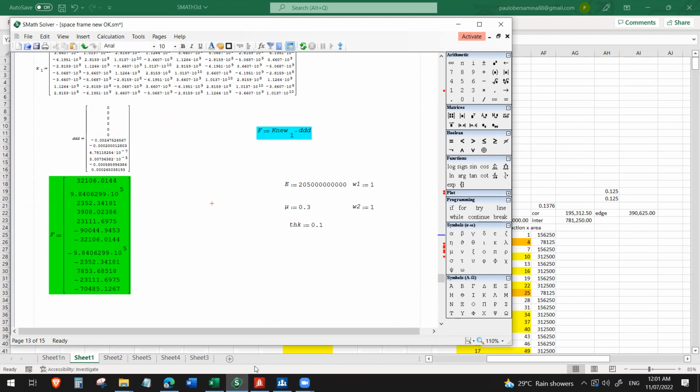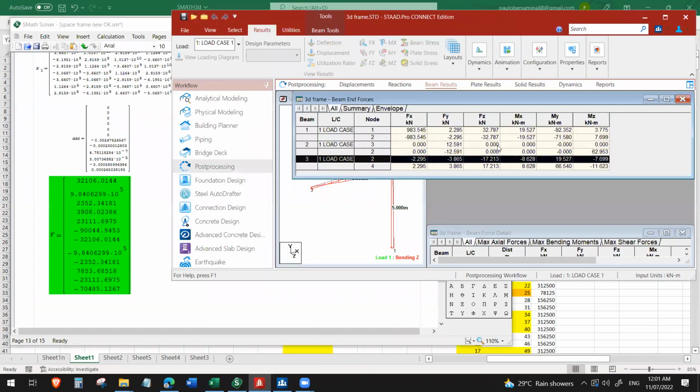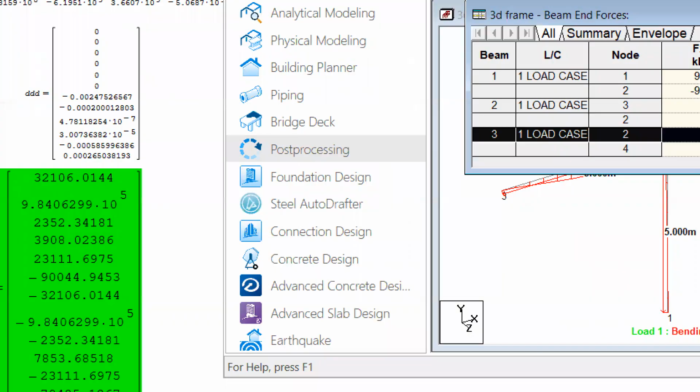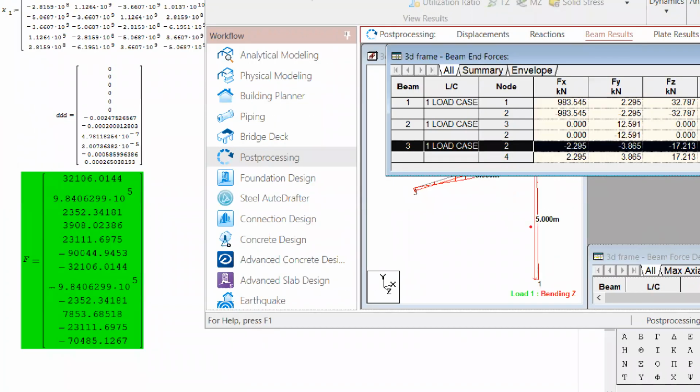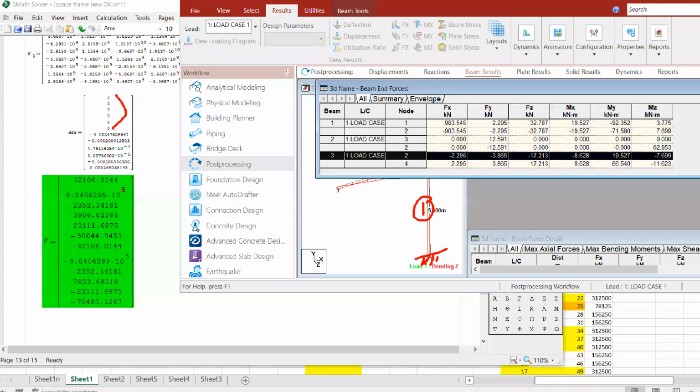This time, member 1 in our modeling is this one. As you see, we have 0 displacement on node 1. That's why these are all 0. So it's consistent. And finally, for the forces, let us check member 1.